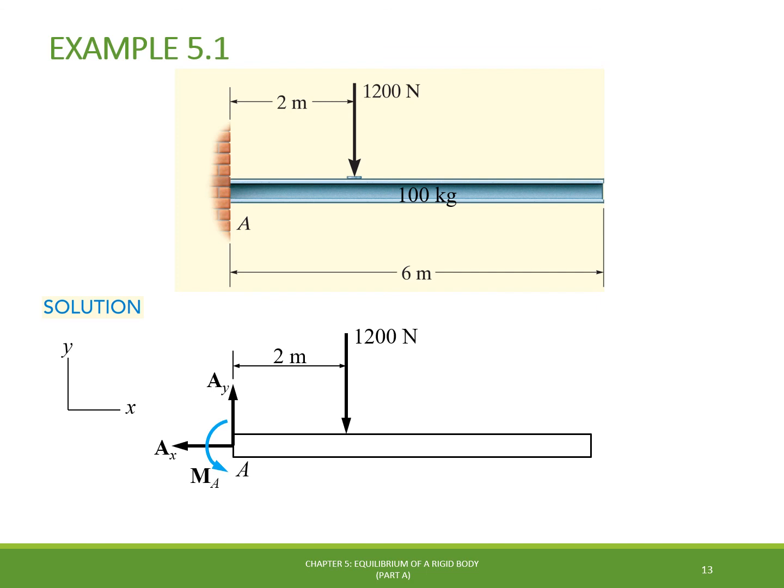The last force to be identified is the weight of the beam, equal to its mass multiplied by the gravitational acceleration, which acts through the beam center of gravity G, located at half of its length, since the beam was assumed to be uniform. The free body diagram is now ready to be used for the application of the equilibrium equations.